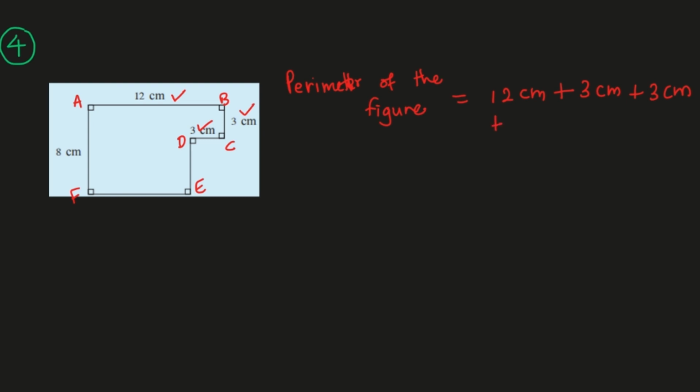Then the DE value is not known and FE is also not known, but you know the value of AF. What is AF? 8 centimeters. So what will be the value of FE? You can simply draw a small line like this, right? So when it is drawn, you know that the value of DC is 3 centimeters.